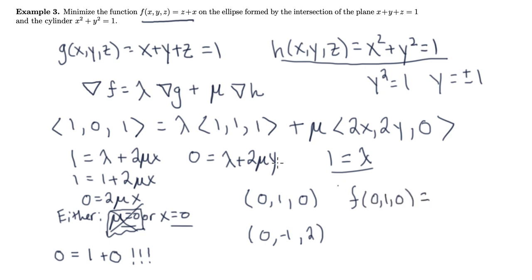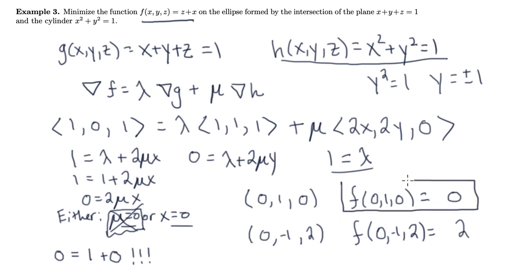Well, it's just going to be the z coordinate 0 plus the x coordinate 0, so it's 0. And then 0, negative 1, 2, the function is just the x coordinate plus the z coordinate. This is 2, so here is the minimum of our function.